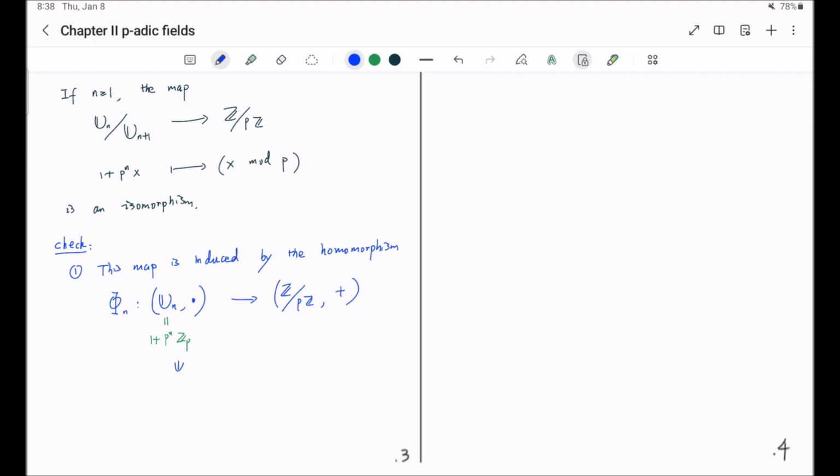And an element here can be written uniquely as 1 plus p^n x for some x in Z_p. And we send this element to x mod p, to here. And we need to check why this map is a homomorphism. Namely, why does it turn this multiplication into sum here? So let's check this.